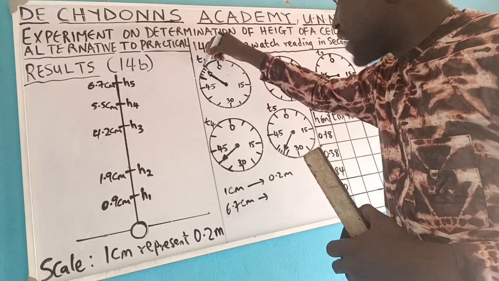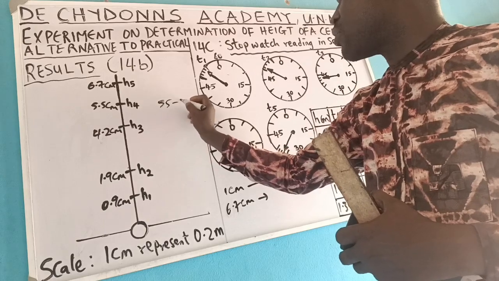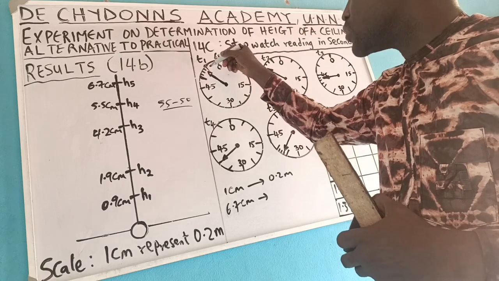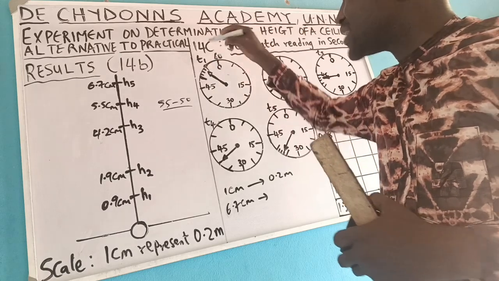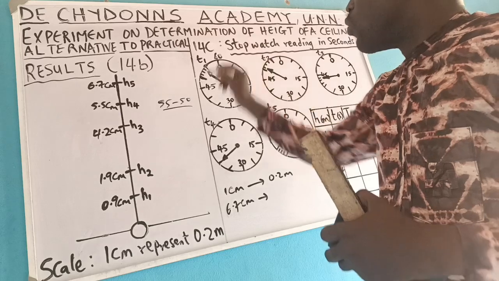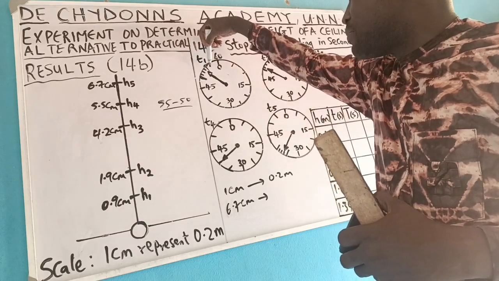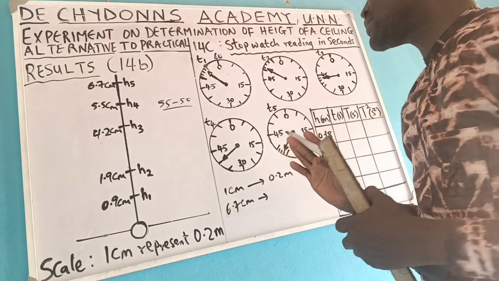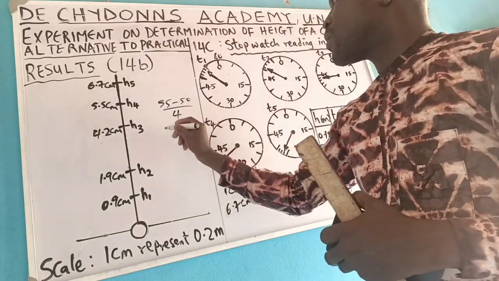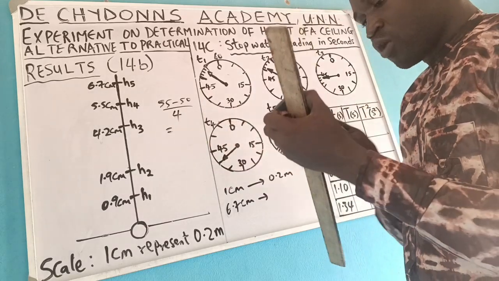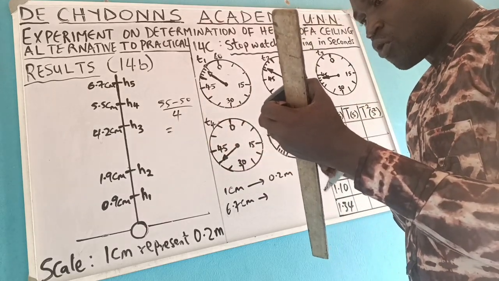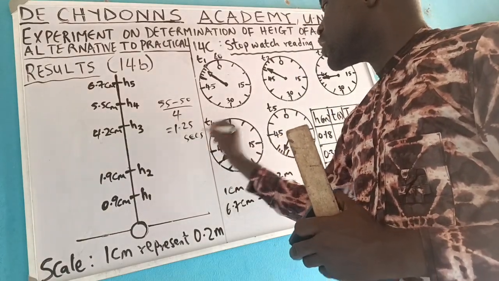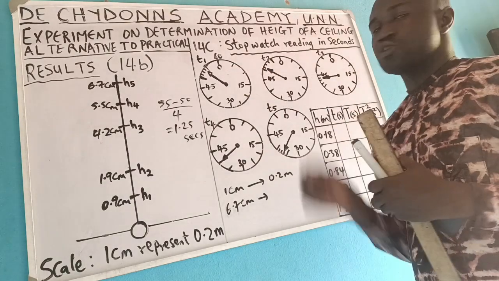Therefore, you say 55 minus 50, all over how many small lines do you see inside? 1, 2, 3, 4. You start from the next line and stop at the bigger line. We have 4 lines. So you say divided by 4. 5 divided by 4 gives 1.25. That means 1.25 seconds is the minimum value I should be getting.